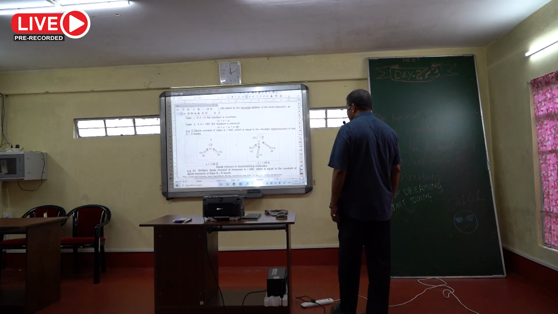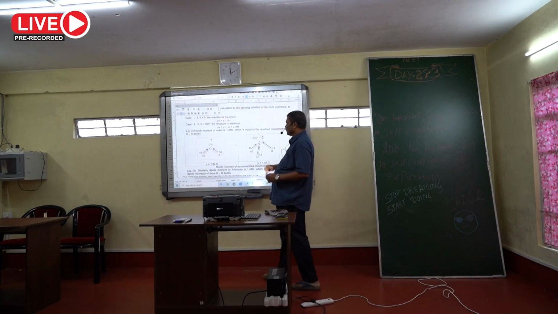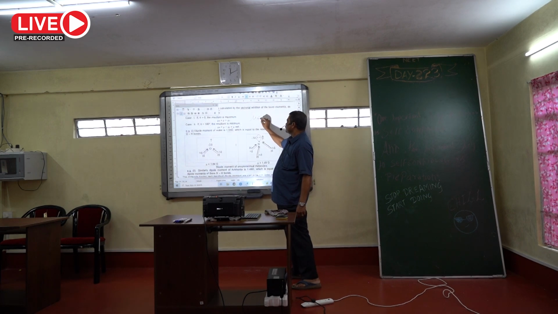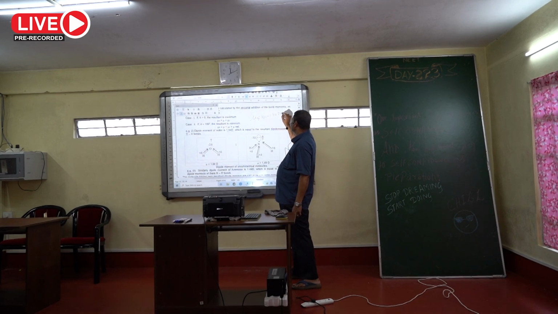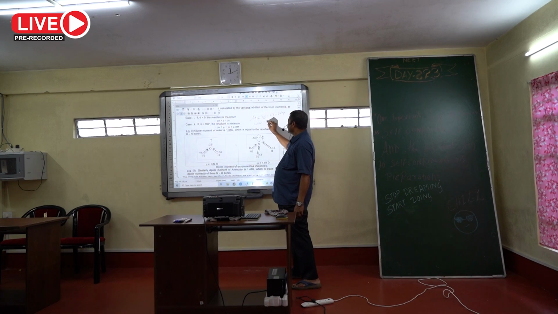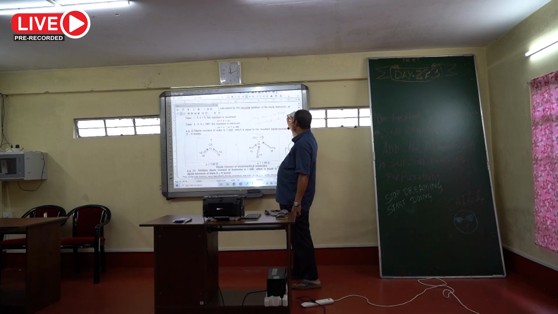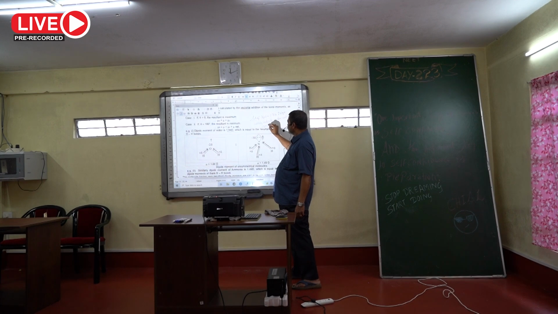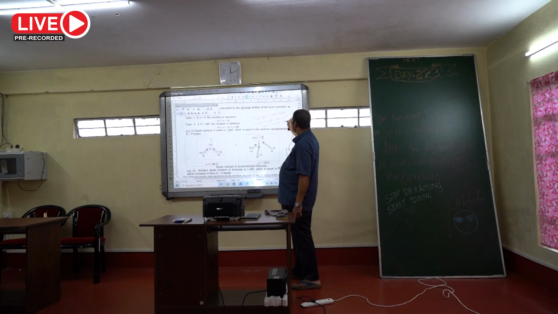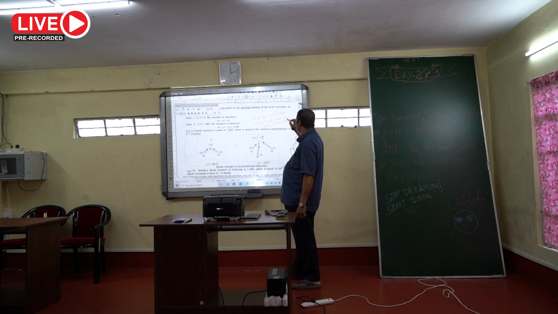Dipole moment of water is 1.84 Debye. So mu of water is 1.84 Debye, which indicates water cannot have a linear structure. You can't write water like this.